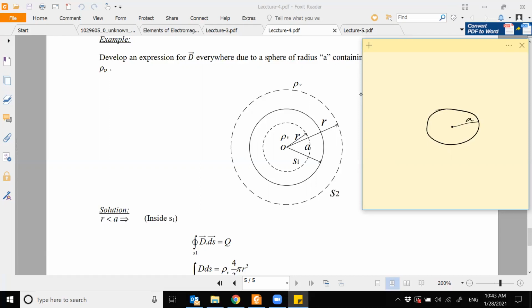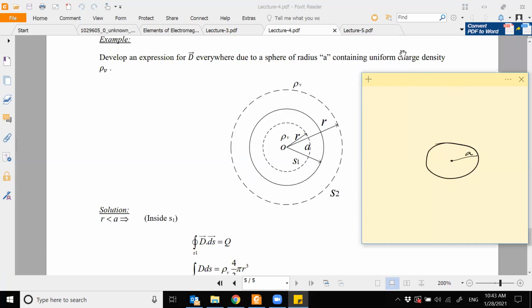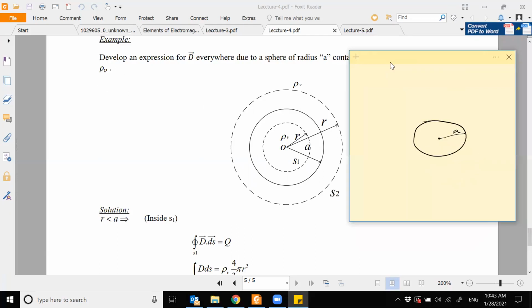It's carrying a uniform volume charge density rho v. Now, how do you find the electric field due to this sphere, which is carrying a uniform charge density rho v? What would be the best Gauss surface to enclose this sphere?